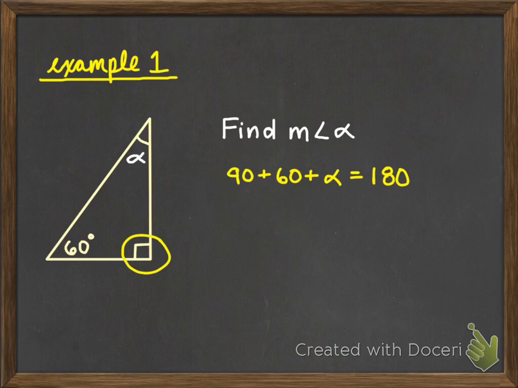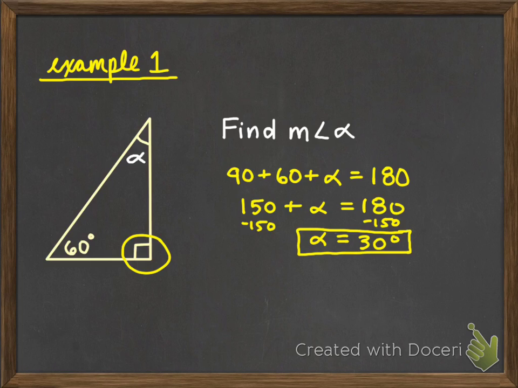Okay, because the sum of the measures of a triangle equal 180 degrees. Now from here we just simplify, and if we subtract 150 from both sides, we're going to get that alpha equals 30 degrees.